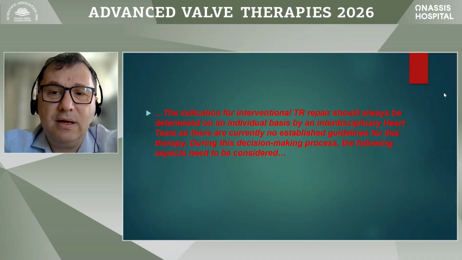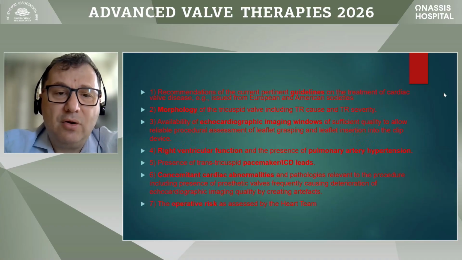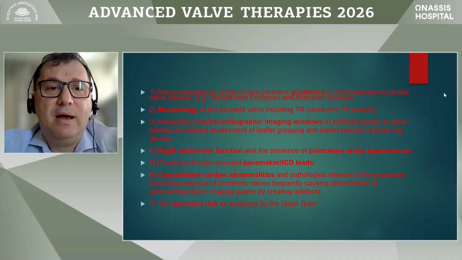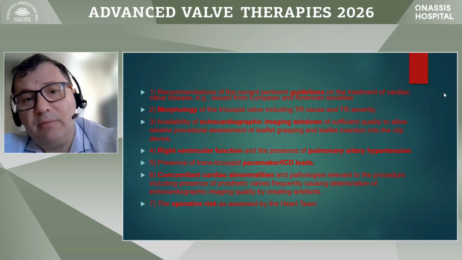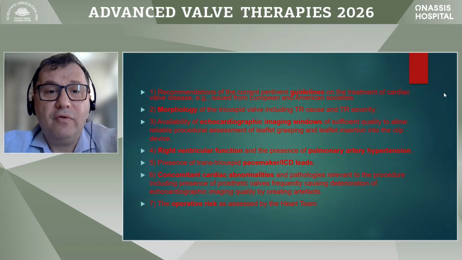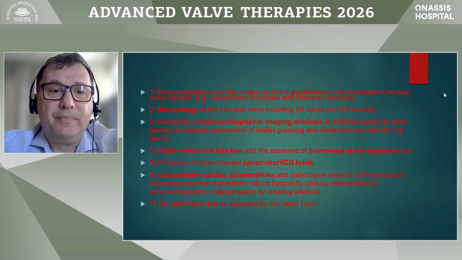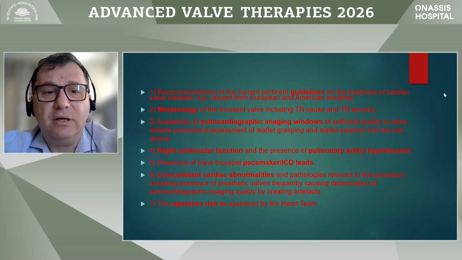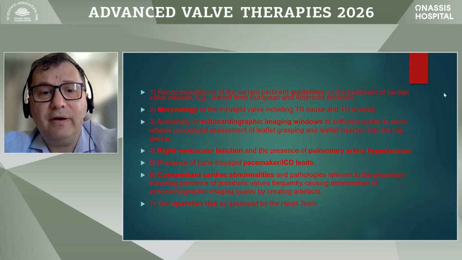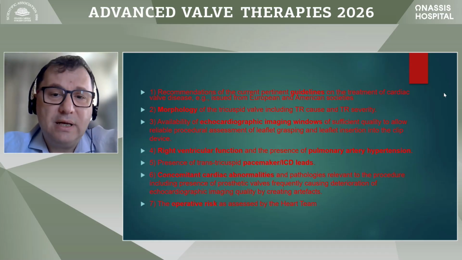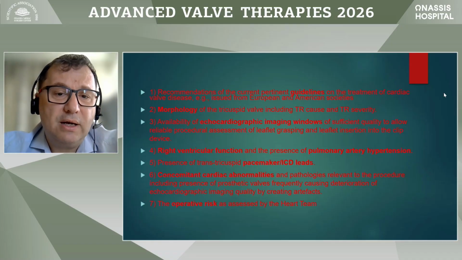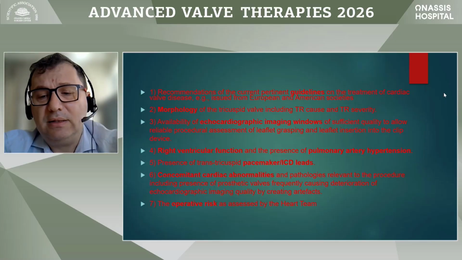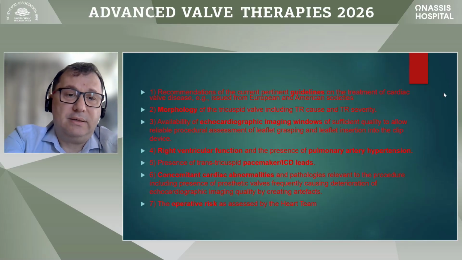We have to discuss it in the heart team and consider different aspects: the recommendations of the guidelines about the treatment of valve disease, the morphology of the valve, the availability of echocardiographic imaging windows, the right ventricular function, and the presence of pulmonary hypertension, the presence of leads, the concomitant cardiac abnormalities, and the surgical risk of the patient.